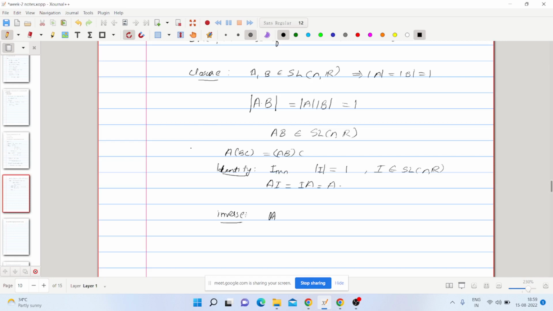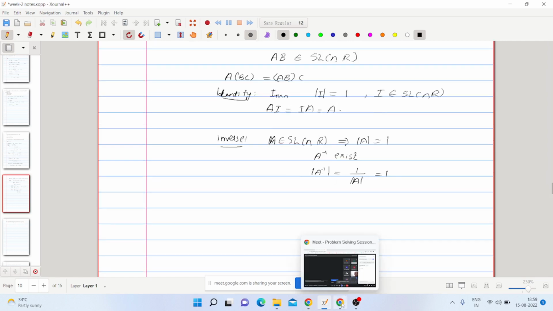So what about the inverse? Let A belong to SLN of R. This implies determinant of A equals 1, and determinant of A being 1 means A inverse exists. What is the determinant of A inverse? It is 1 by determinant of A, which is equal to 1.